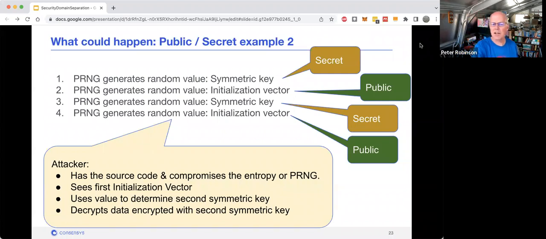The big thing always here is the attacker has the source code. When the attacker has the source code, they can look at in what order things happen, and hence, if they've got that IV, what is the next secret value that gets created?